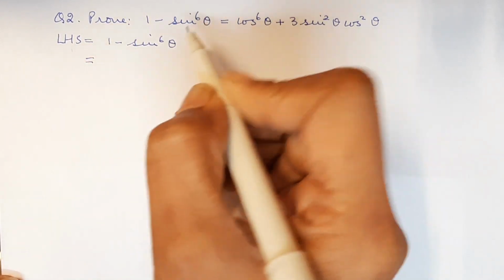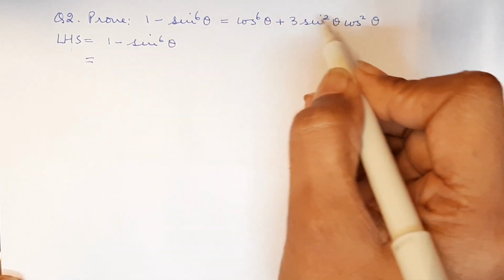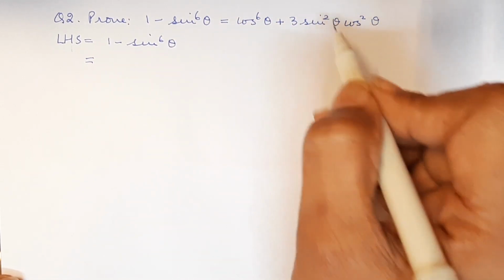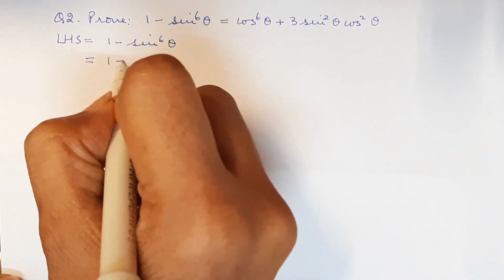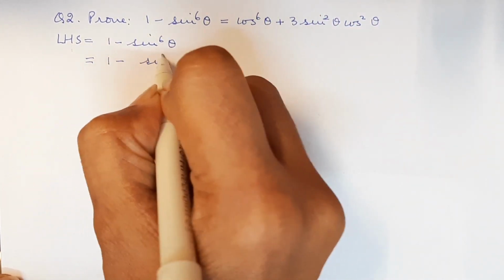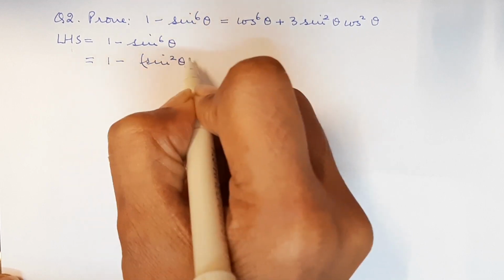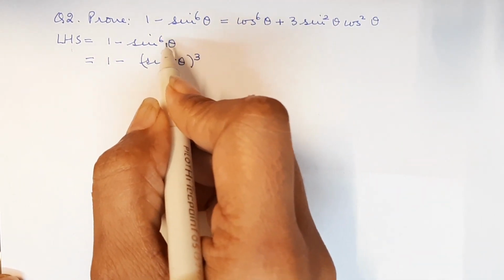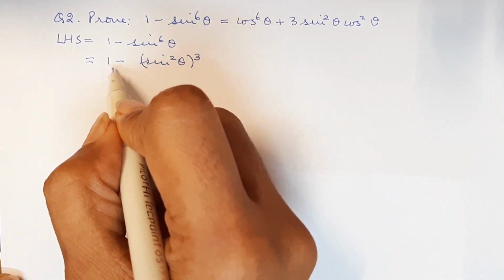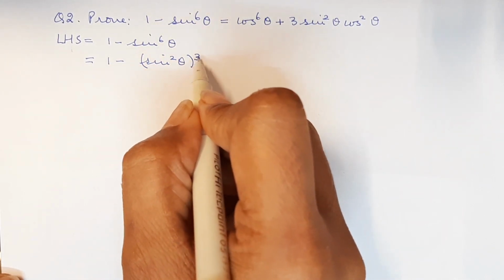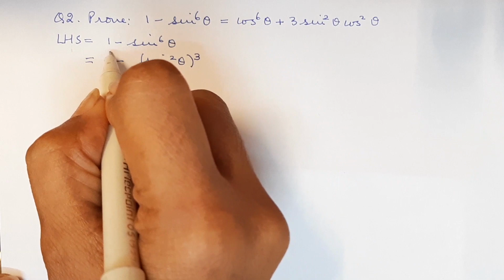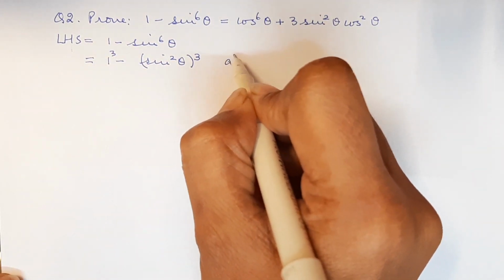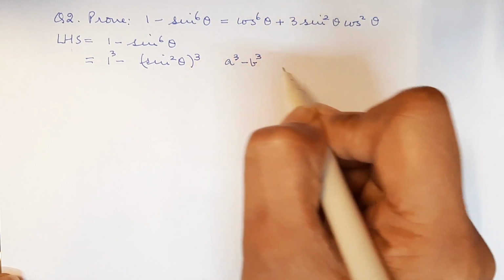Now can you see that here there is power 6, but here in our sine ratio our power is 2. So we will write it as sine square theta bracket cube. So 1 minus sine to the power 6 theta becomes 1 minus sine square theta whole cube, which means this is 1 cube. Now doesn't it remind you of a cube minus b cube?